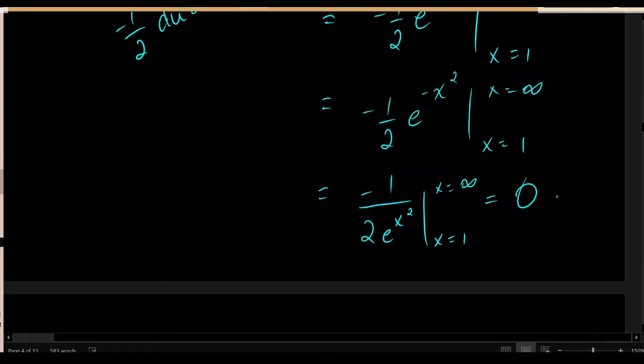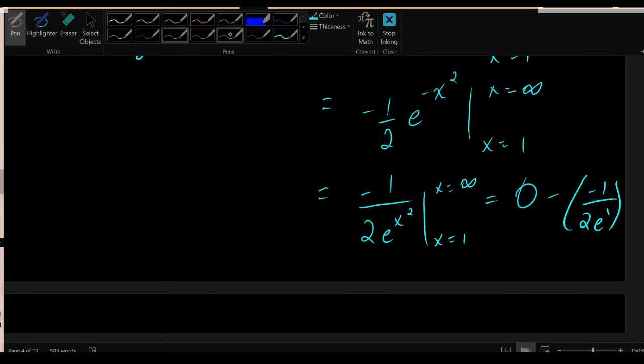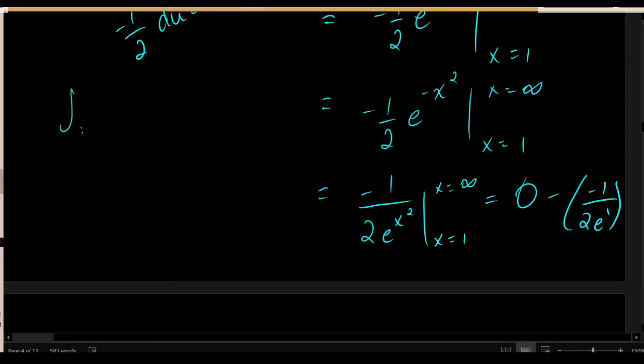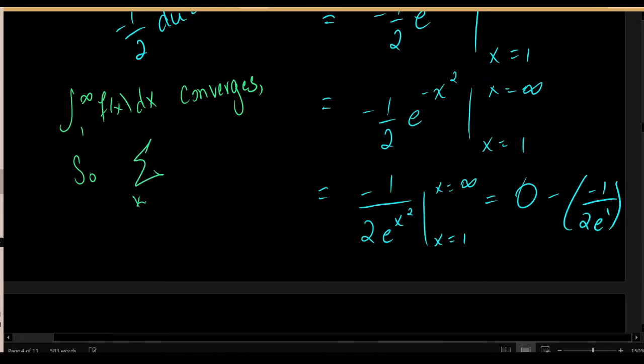If I then subtract what I get when I plug in x equals 1, then that is also going to be a finite number. So because the number was finite, this improper integral converged, which means that the associated series, the one that I was given at the start of the problem, must also converge as a result of the integral test.